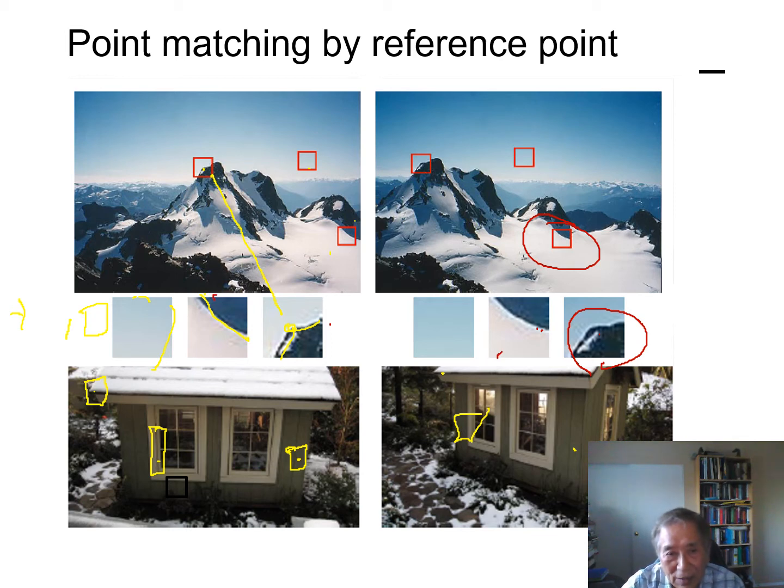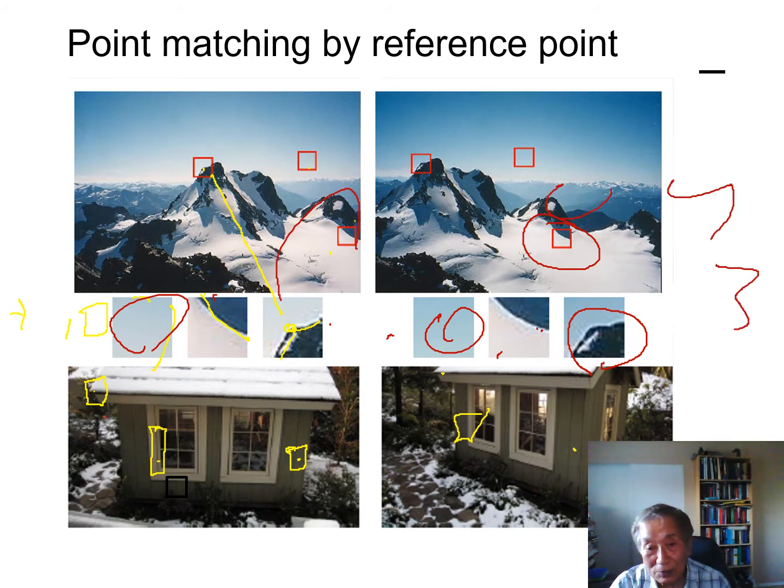And then the sky, all blue, this blue and this blue, slightly different, but nevertheless that's a good enough match. It's much like when you are looking for a fingerprint match, with all those loops. We'll look at that one in a minute.